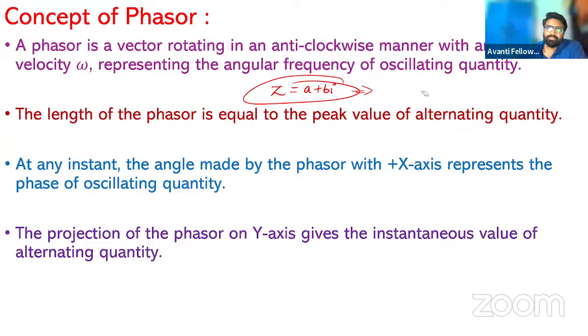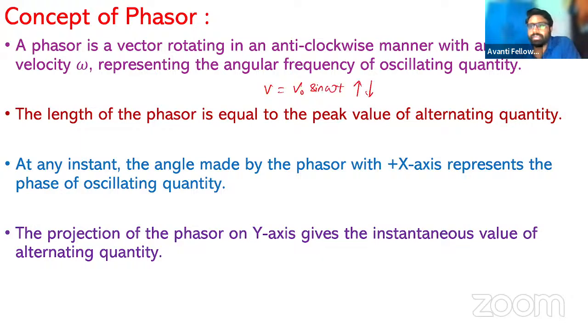In a similar way, if you see the value of current and the value of EMF, let's say V equals V naught sine omega t. This value fluctuates between 0 to minus and 0 to plus. But if you want to calculate the peak value, it is nothing but V naught.